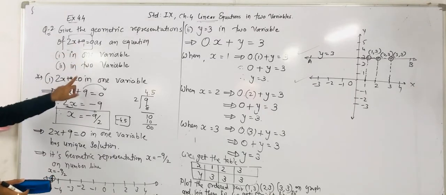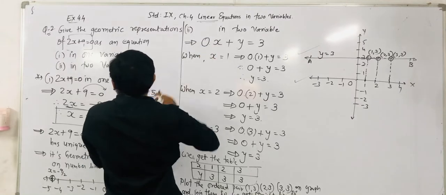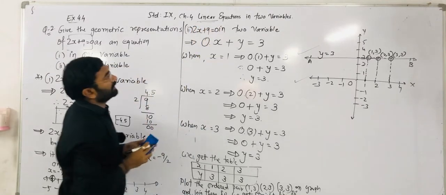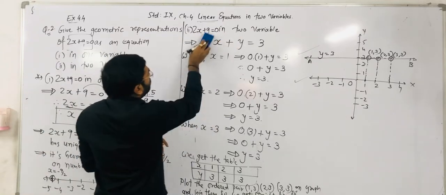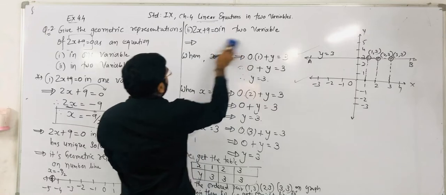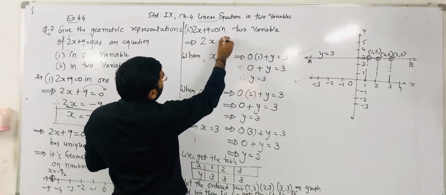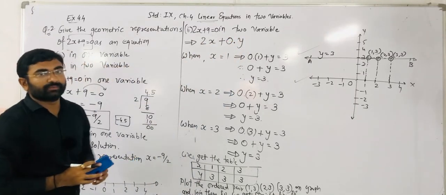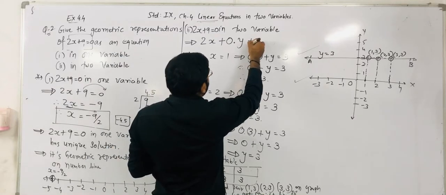So this is the geometrical representation of that equation in one variable. But what about that equation's representation in two variables? So how can we define it? 2x plus 9 is equal to 0. As I told you, the equation in two variables is not given, so we have to write it in two variables. Whichever other variable is not given, we write with the coefficient 0: 0 into y, and plus 9 is equal to 0.